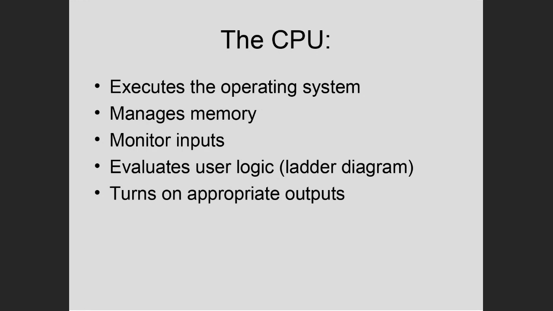The CPU has to monitor inputs. Now, it doesn't actually monitor inputs directly. What it does is it looks at the input image table, and that's how it monitors the inputs. Remember what the input image table is. It's a logical or virtual reflection of all those screw terminals that you have switches connected to. For every physical screw terminal that you can connect a switch or a wire to, there's a software location with a specific address that can hold a 1 or a 0.